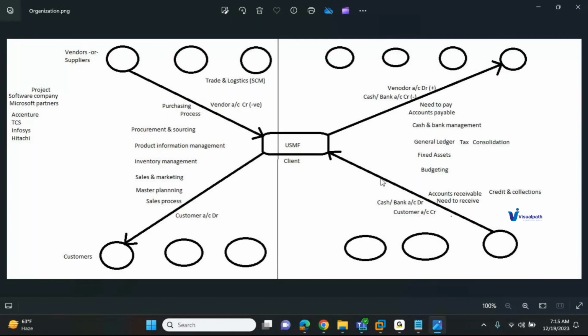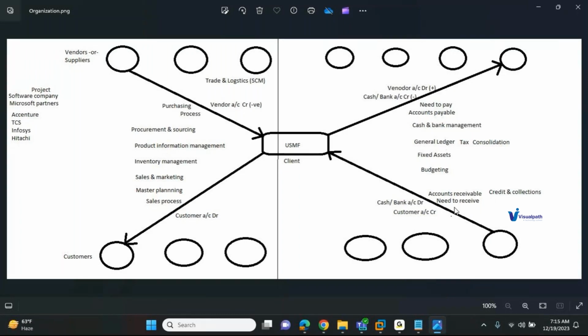That is accounts receivable. So you receive material and need to pay the vendor: accounts payable. You give material to the customer and receive money: accounts receivable. So you need to understand the accounts payable module and the accounts receivable module.